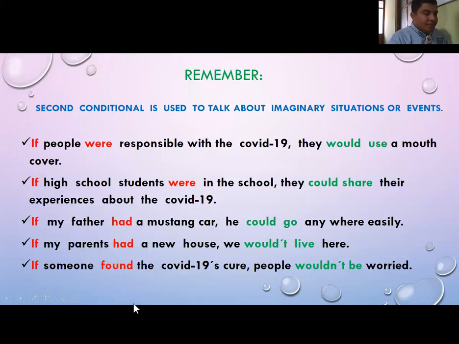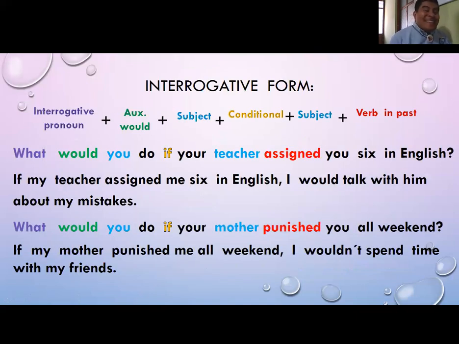Okay, continue. Now we are going to identify the interrogative form. I made a diagram to identify the structure or the features that we have to take into consideration when we want to make our question with the second conditional, okay? First, we need the interrogative pronoun.